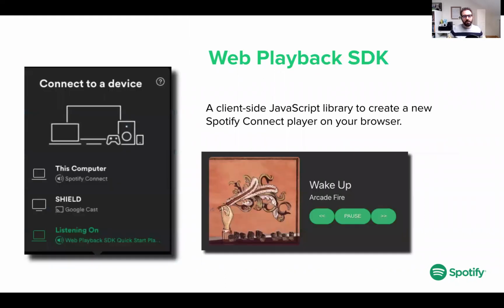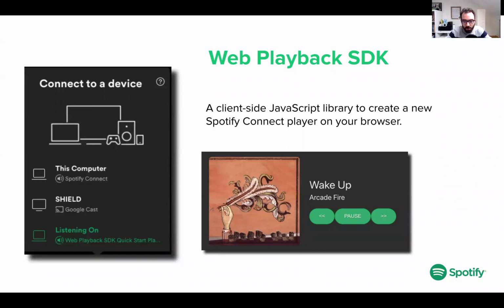The next one is the Web Playback SDK. This is a really cool JavaScript library which allows you to create a Spotify instance, like a Spotify client, in your browser. What does it mean? It means that you have your Spotify official app in your mobile, in your desktop, wherever. With this library, you can create a new Spotify client in your browser.